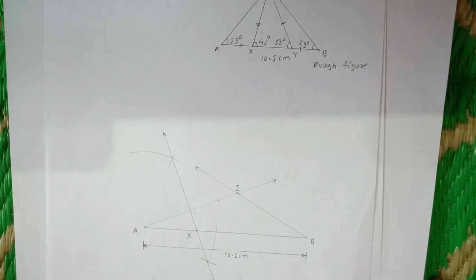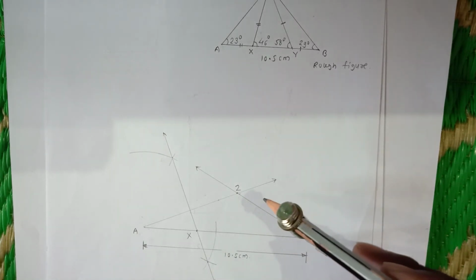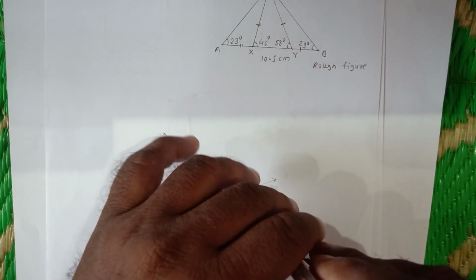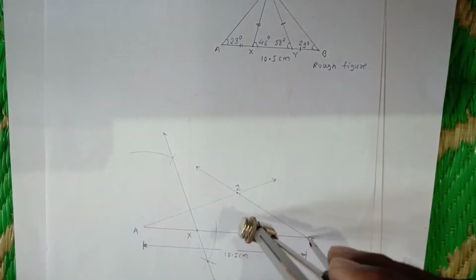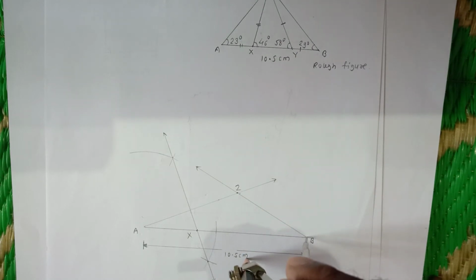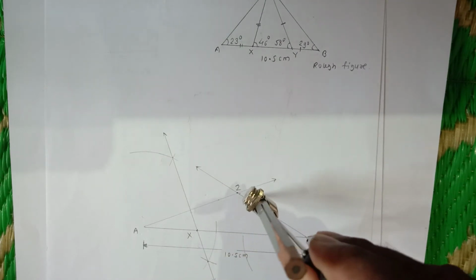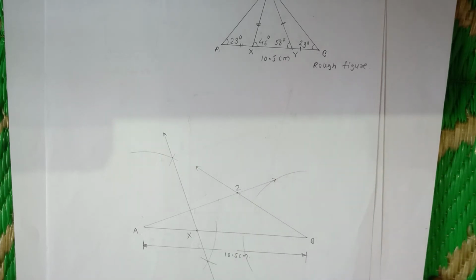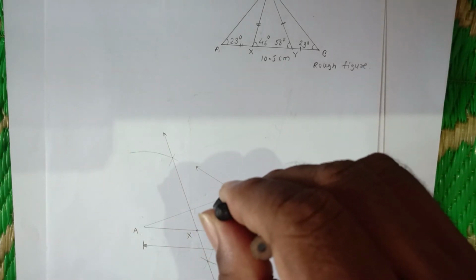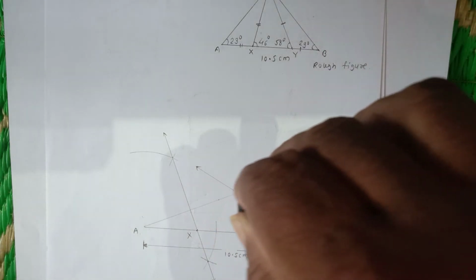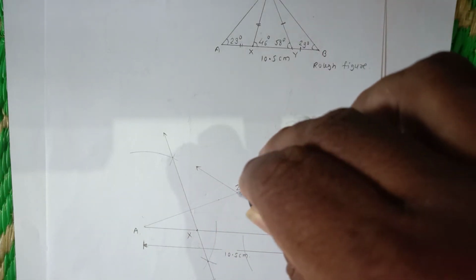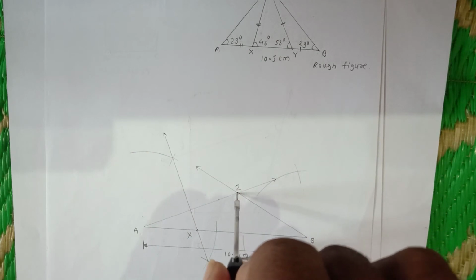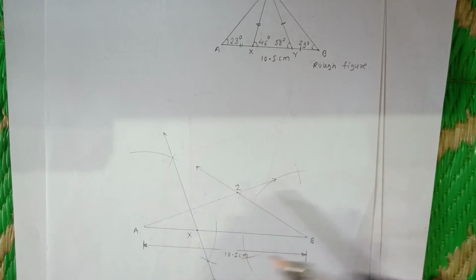Now draw the perpendicular bisector of BZ. Put compass on B. Take more than half of distance of BZ and draw two arcs on the both side of BZ. Put compass on point Z. Draw two more arcs in this way.